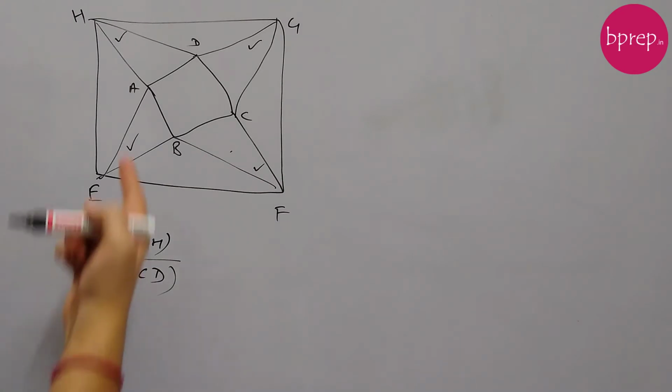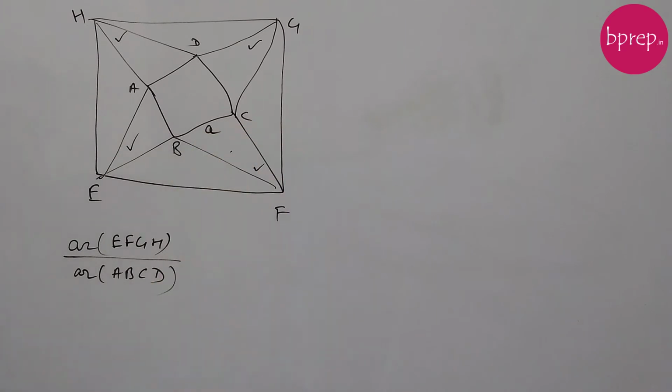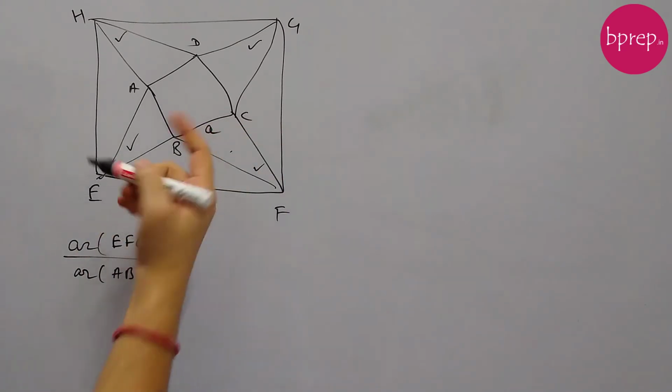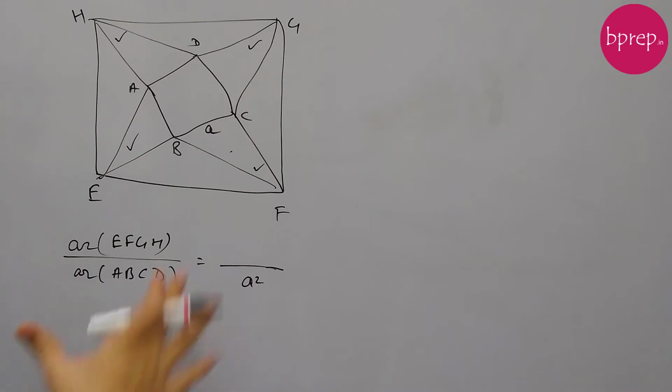So let's say the side of the smaller square is A. Okay, so if the side of the smaller square is A, then the area of ABCD of course will be A square, and we need to write the area of EFGH in terms of A. If we write that, we'll get the ratio. Okay, so let's see now.